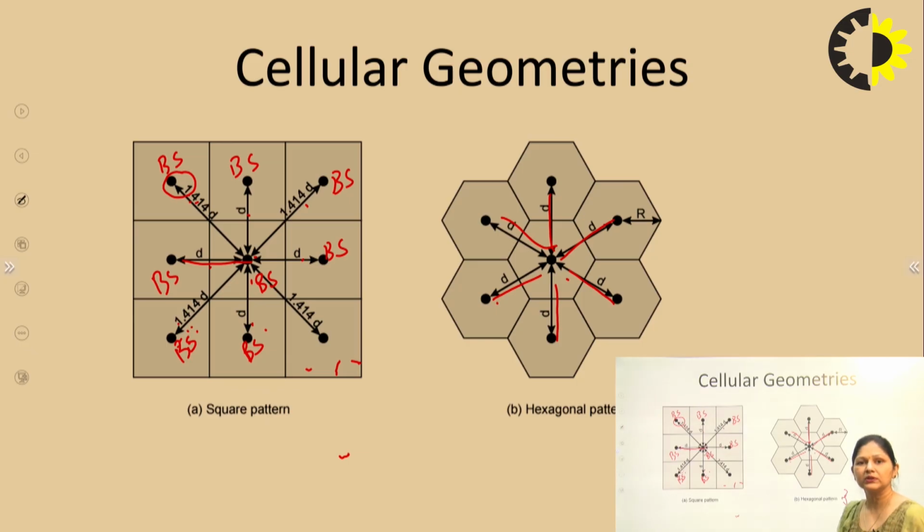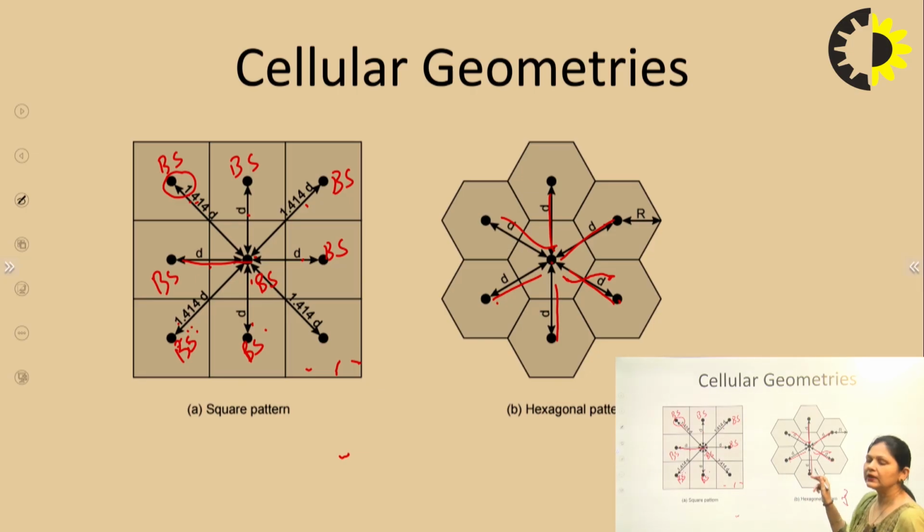We are talking about this distance because whenever a mobile subscriber is moving from one cell to another while on a call, the call will be transferred from one base station to another depending upon the power and distance.